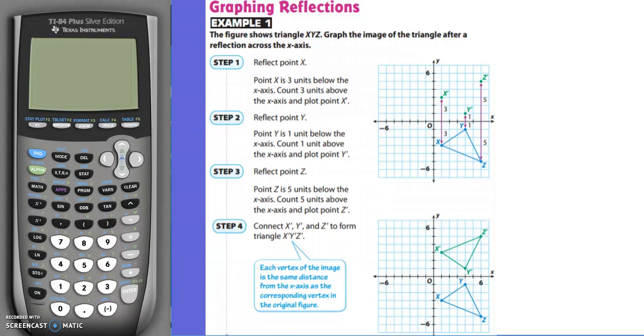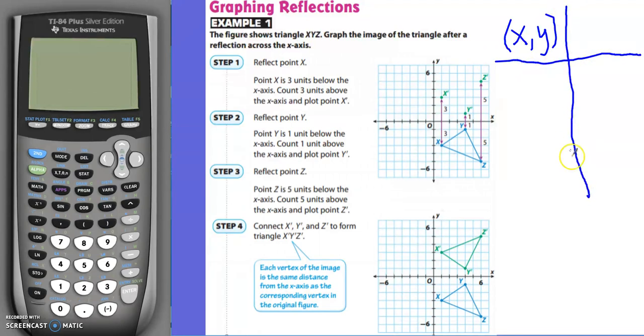The figure of the triangle XYZ, graph the image of the triangle after reflection across the x-axis. What we can do is take a look at it graphically, and then we can also take a look at it algebraically, meaning if we never had the graph.